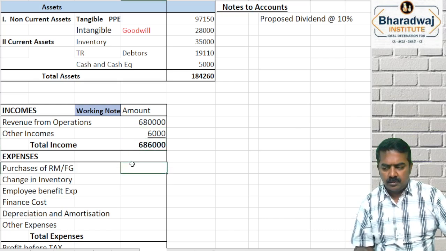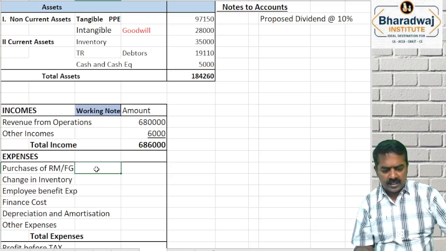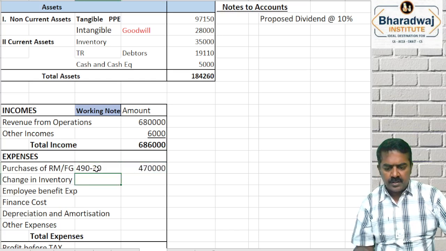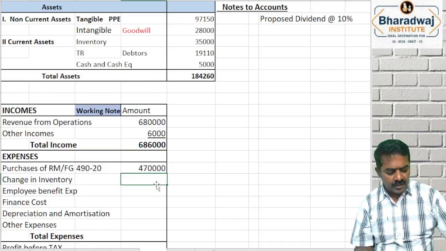Then purchase of raw material minus returns. 4 lakh 90,000 minus 20,000. No direct expenses, I hope. Change in inventory from 1 lakh 50,000, it has increased to 1 lakh 76,000, minus 26,000.